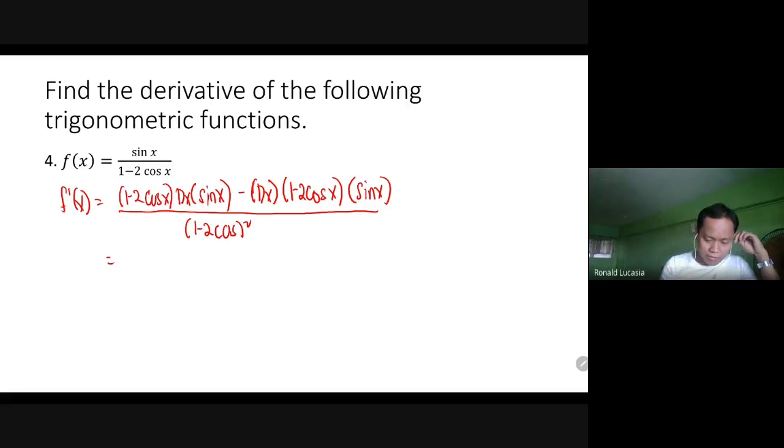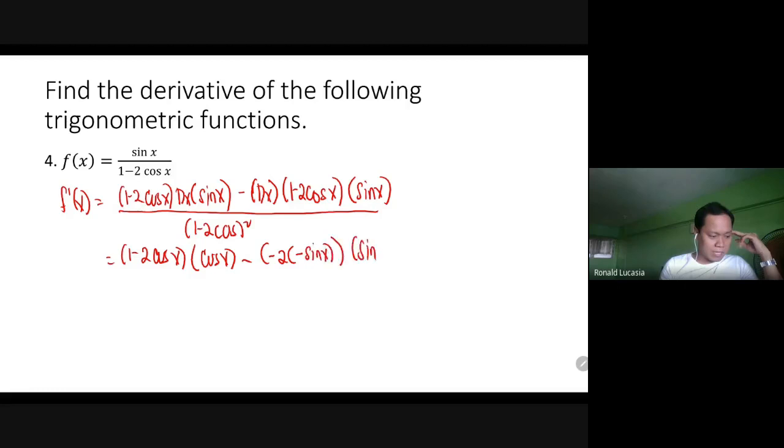So we have now 1 minus 2 cosine x. Ang derivative ni sine x ay cosine x. Ang derivative ni 1 minus 2 cosine x ay, ang 1 dyan ay 0 niya. So negative 2. Ang cosine ay negative sine x.